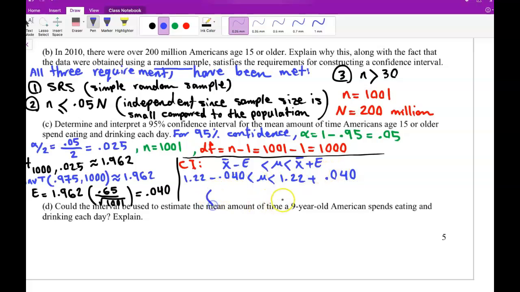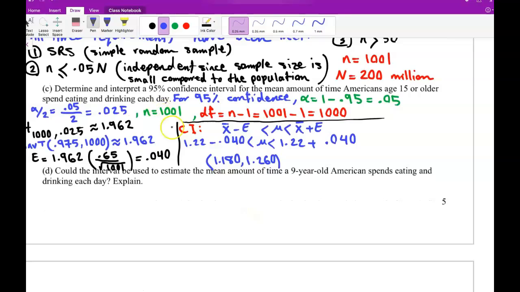So the answer is 1.180, 1.260. Okay, so this is the final answer. Our interval is 1.180, comma 1.260.